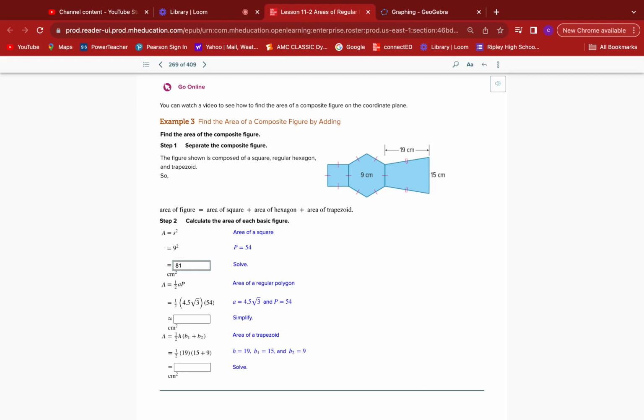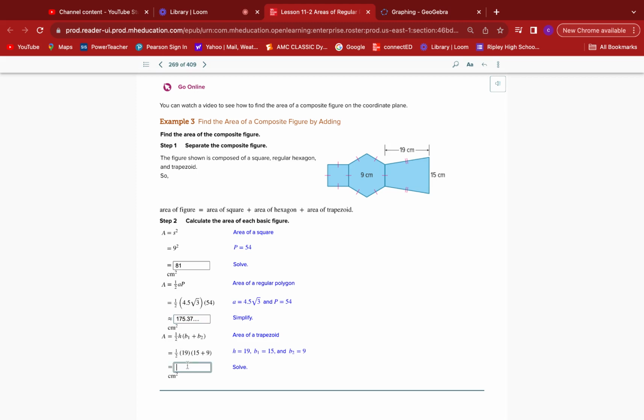And if you have your short side 4.5, all you really do is take the square root of 3 behind that to get your long side. So if you did it on the calculator, you got 7.79. If you remember your rules for special right triangles, you can leave this as 4.5 square root of 3. Either way, you're going to multiply all of these things, and you're going to get approximately 175.37, and so on.